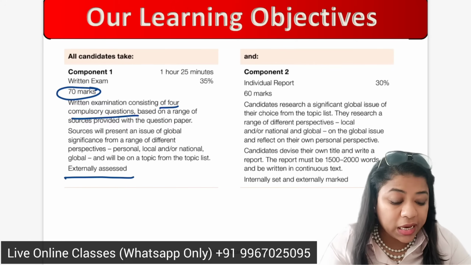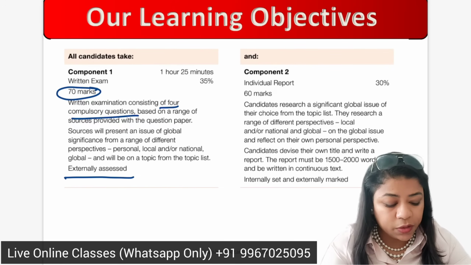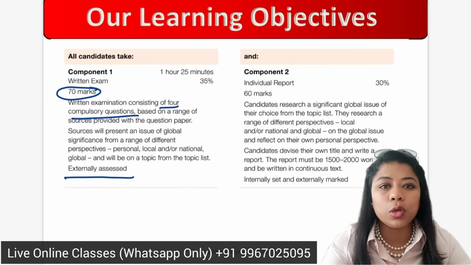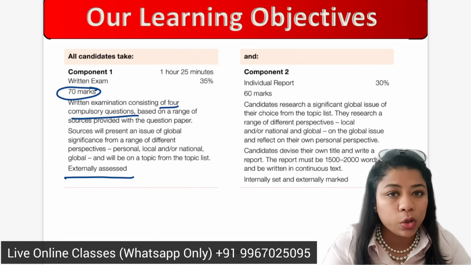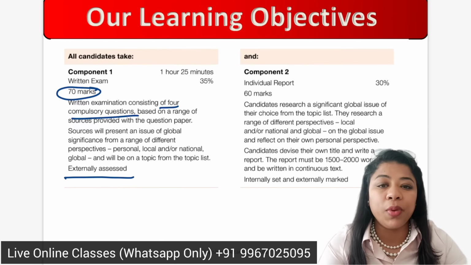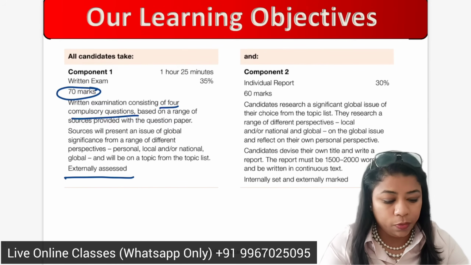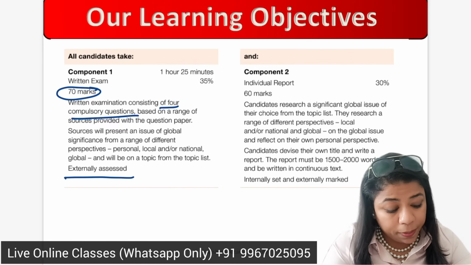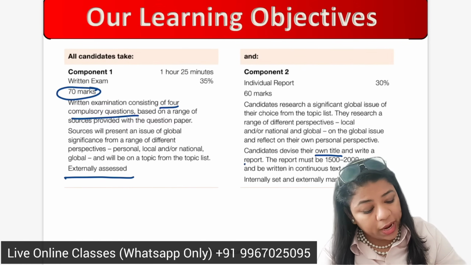Candidates research a significant global issue of their choice from the topic list. I will share the topic list, which has changed now. So you have to be very particular and know which topics are covered for students appearing from 2025 onwards. On the global issue, candidates devise their own title and write a report.